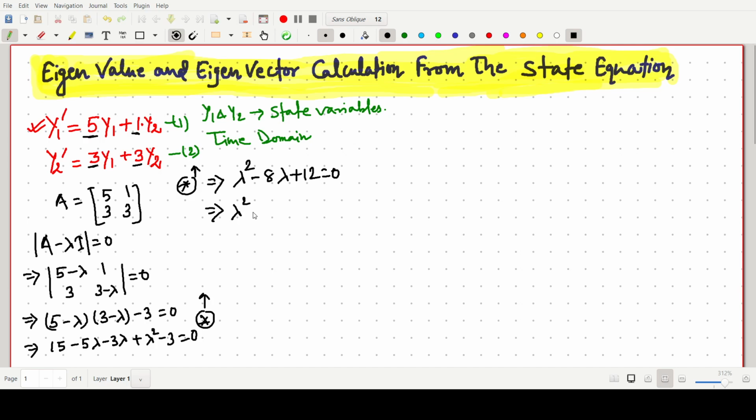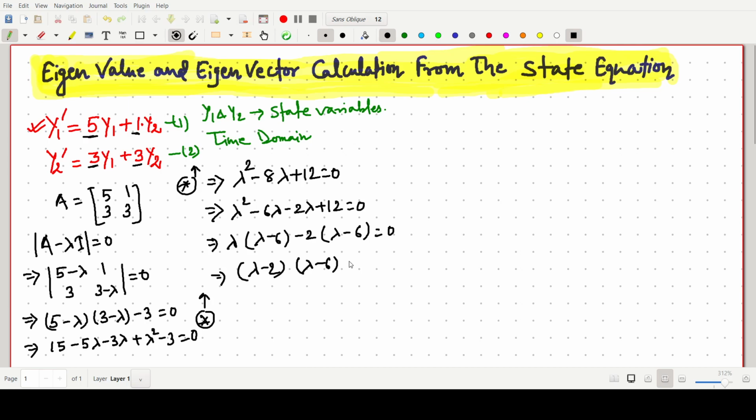Splitting the middle term as minus 6 lambda minus 2 lambda, simple mathematics, we get (lambda minus 2)(lambda minus 6) equals 0. So we have 2 lambda values, 2 and 6.